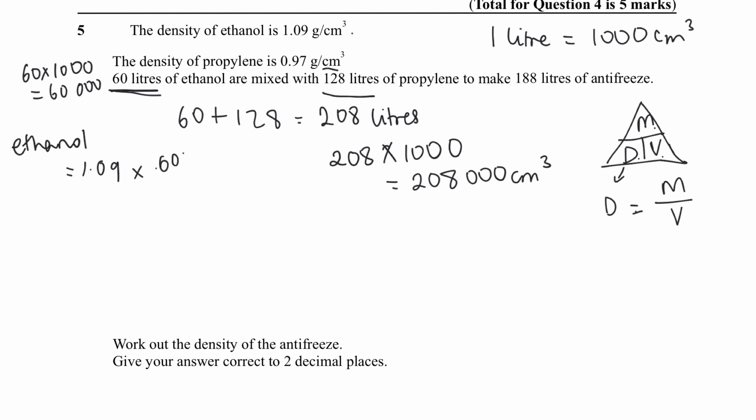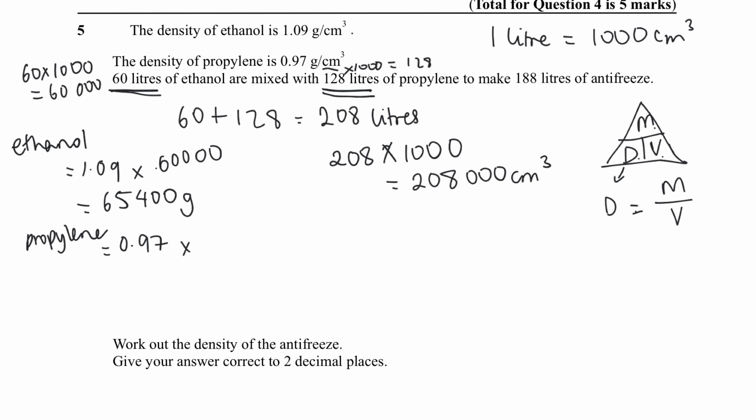So 60,000 times 1.09 would leave you with a mass of 65,400 grams. Now for propylene, it will be 0.97 times 128,000.